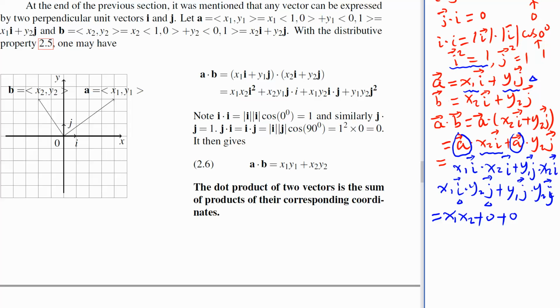And how about this one? This one you have a J here. Okay. J dot J is J squared, and you have 1 here. Okay, look at this one. So you have this one is 1, and then you have y1 times y2.